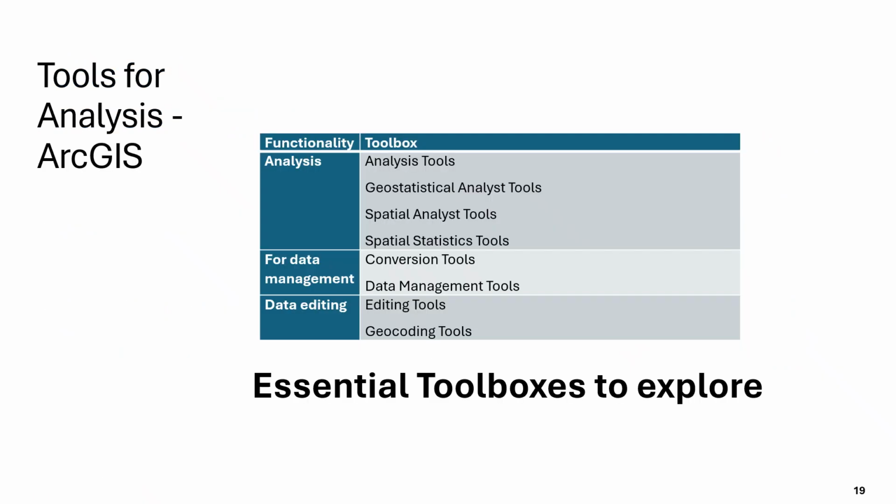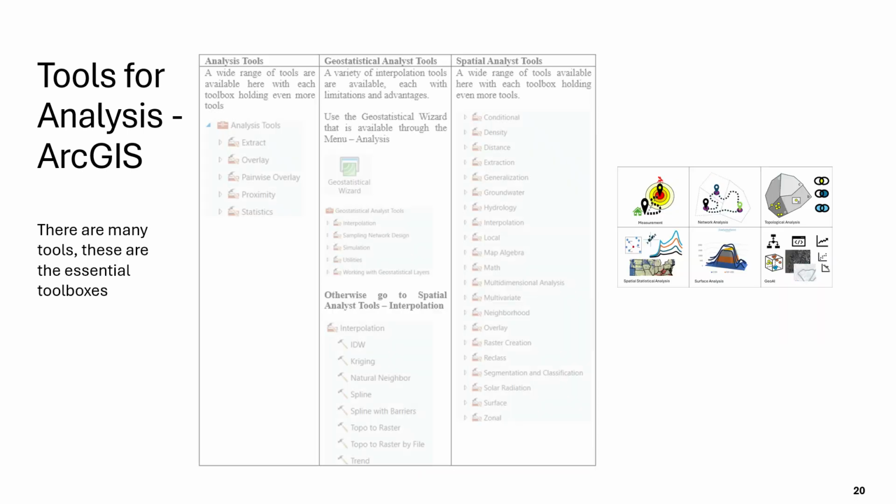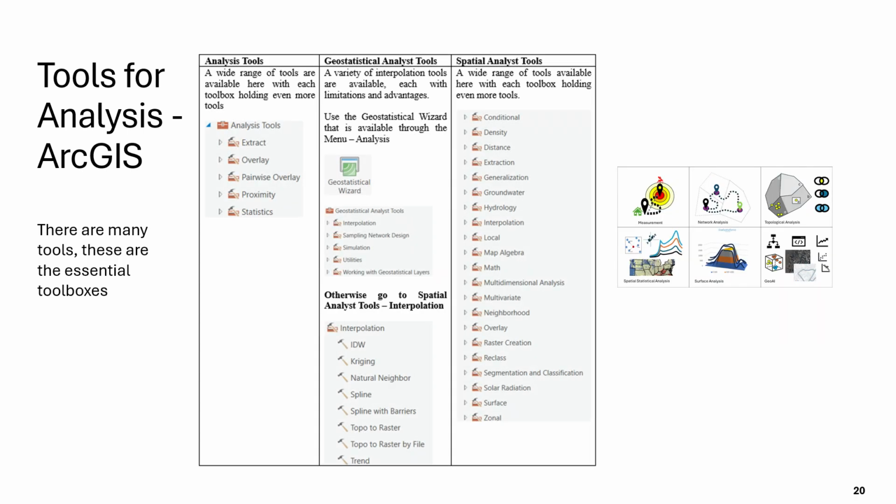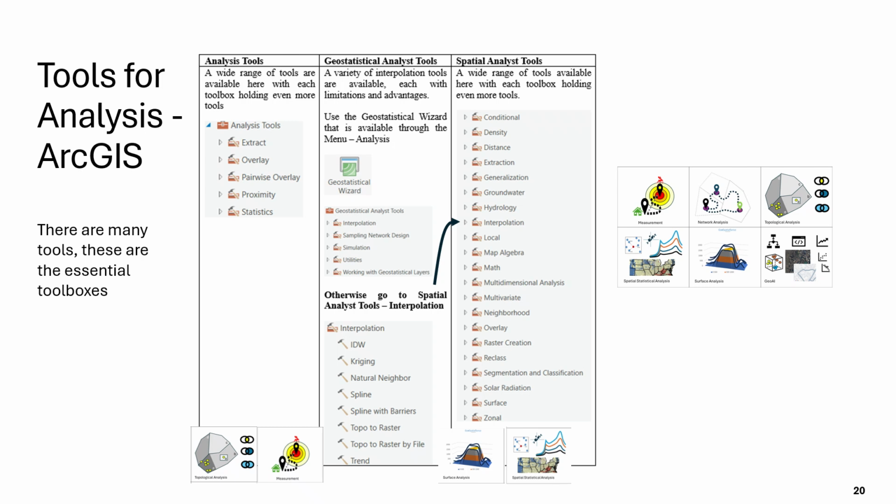In ArcGIS, a variety of tools are available. Here are 5 essential toolboxes to consider. These are for the surface analysis and the topological and network analysis and distance analysis.